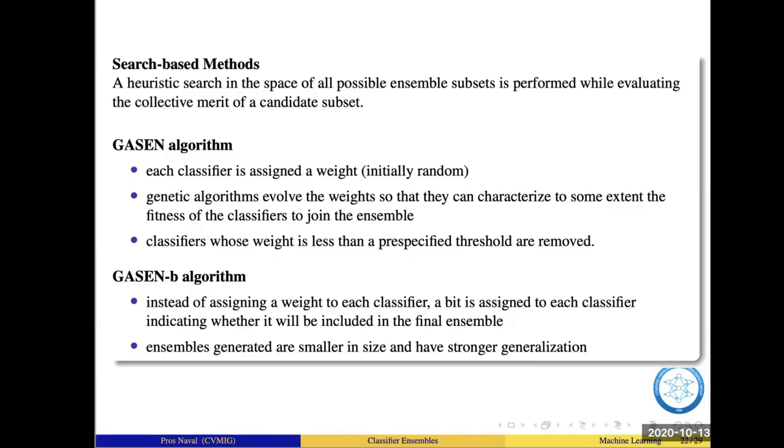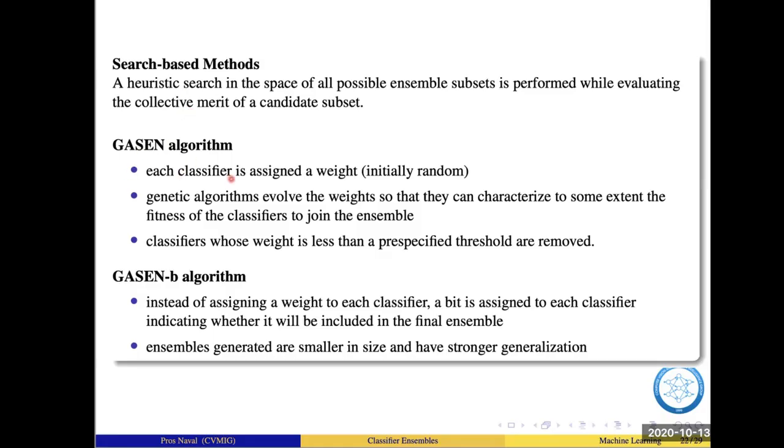Then you have search-based methods. So in here, you have a heuristic search in the space of all possible ensemble subsets that's performed while evaluating the collective merit of a candidate subset. So there's this GASEN algorithm which uses a genetic algorithm.